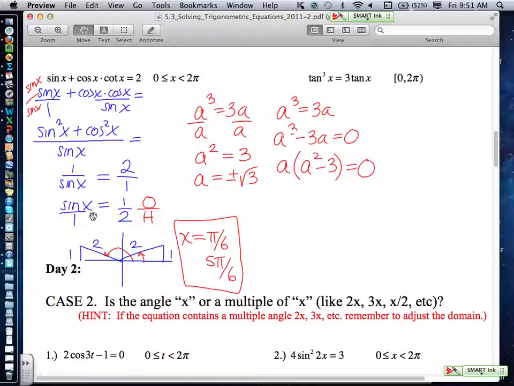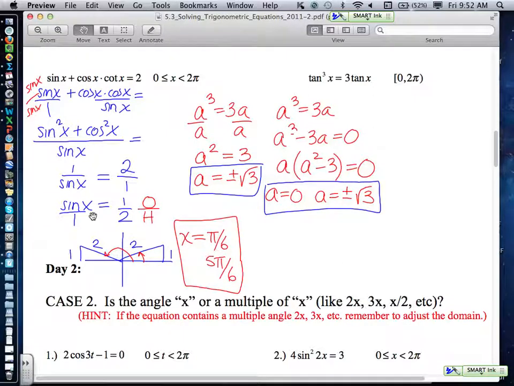And now when I set these equal to 0, I get a equals 0 or a equals plus or minus root 3. So notice when I divided out the a, I only got the plus and minus root 3 as my solutions. When I subtract and factor, I still have the a equals 0 as a solution. So don't divide by variables. Don't divide out trig functions because you're going to lose one of your solutions.